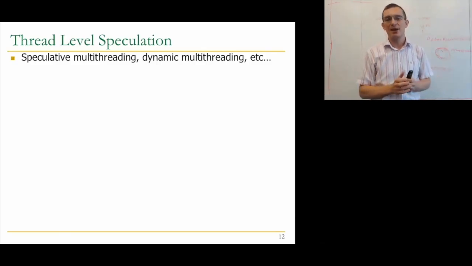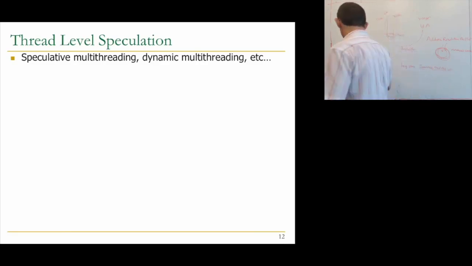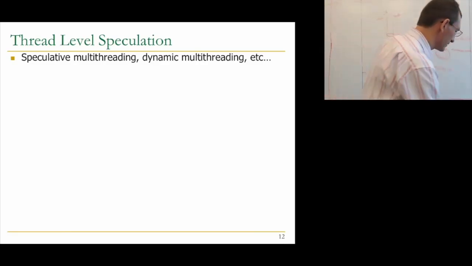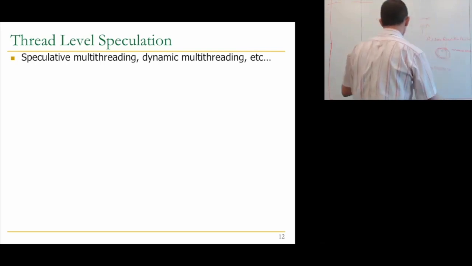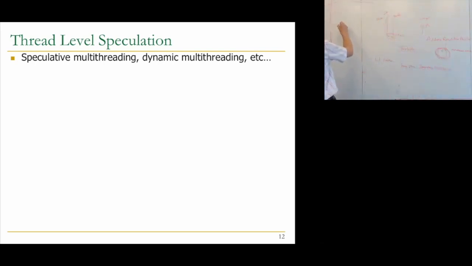One example is dynamic multithreading, which I have briefly discussed, and I will give the reference here. Akkary and Driscoll wrote a paper in MICRO 1998 about a dynamic multithreading processor. This is one example of speculation which we will not cover in detail, but I wrote it here because it's an interesting approach also.